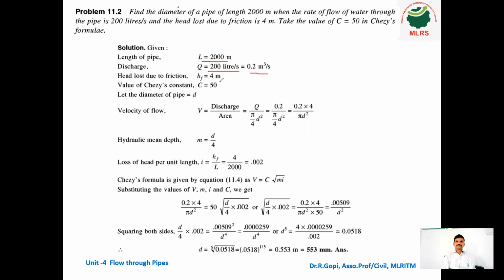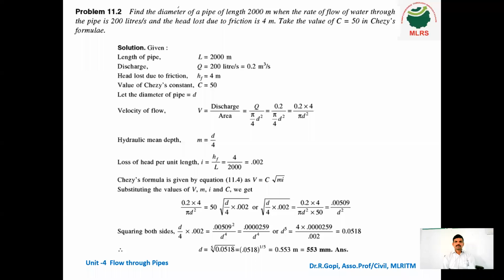Next, head loss due to friction HF is equal to 4 meter, and the value of Chezy's constant C is equal to 50.